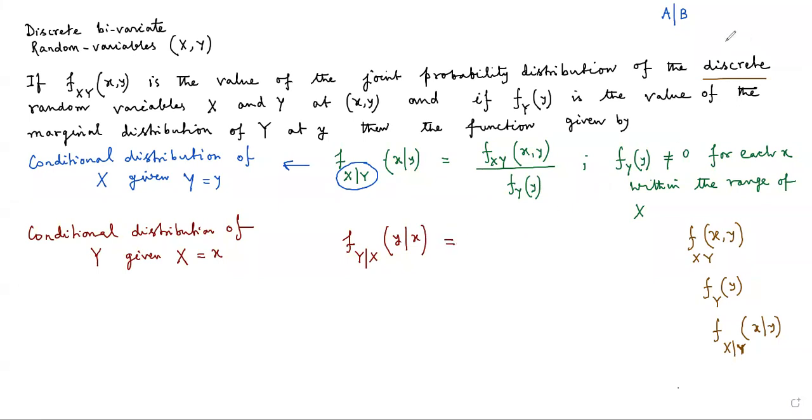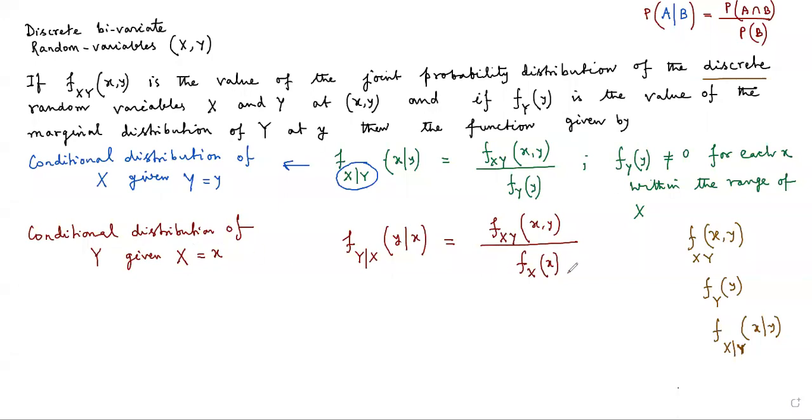And you can probably recall that conditional probability P of A given B is equal to P of A intersection B by P of B, which comes from the basic axioms of probability. So this can be written as the joint probability function f_XY(x, y) divided by the marginal probability function of capital X.